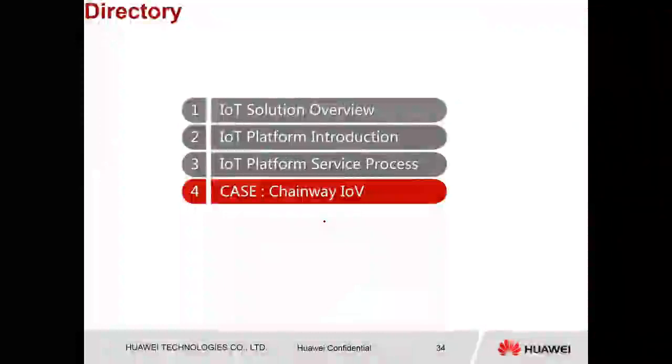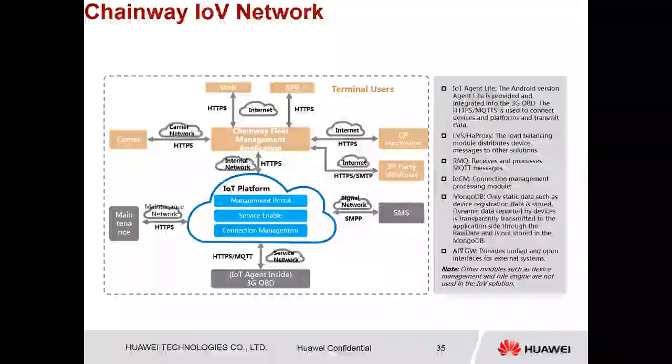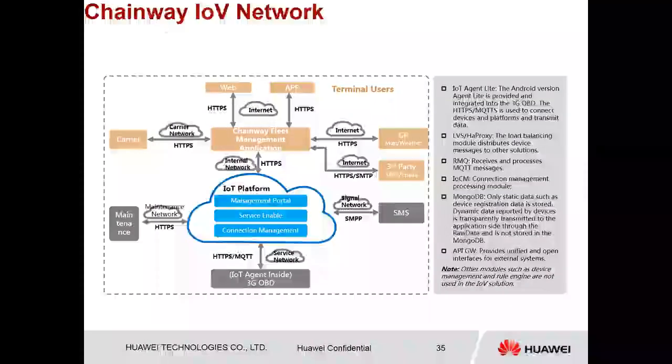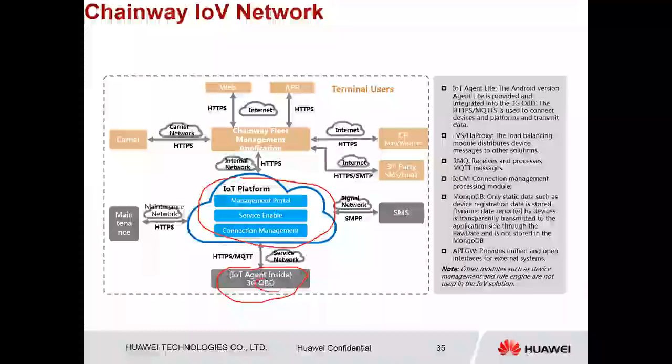And last is just a basic case for the chain-based internet of vehicles, or vehicle network. I'm delivering a project for this chain-way now. We use this network. This is our IoT platform, and these are the OBD devices, the onboard diagnostics, installed on the car.